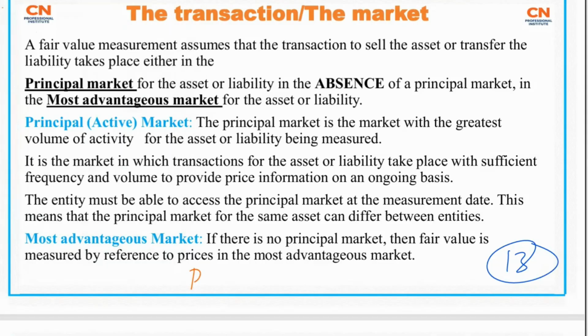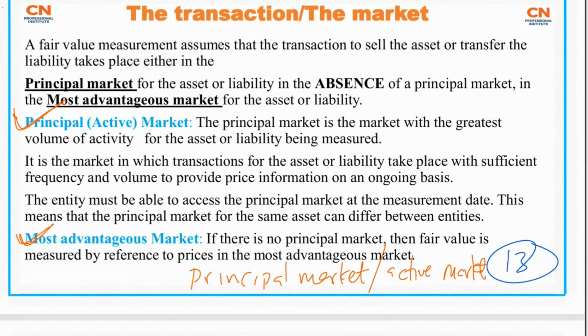The principal market is also called the active market. So this is the principal or the active market, and then we have the most advantageous market. So IFRS 13 gives us two markets from which we can determine the fair value.